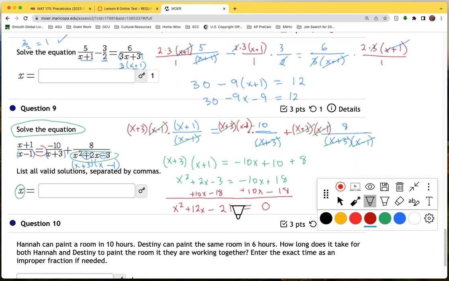21 could be 7 times 3. Is this thing going to factor? It might not factor, which would make it not work out too well. Let's see, 7 times 3. You're not going to get 12 subtracting it.